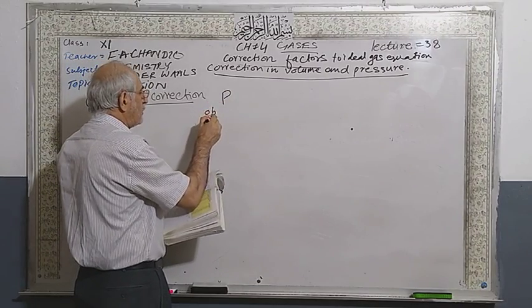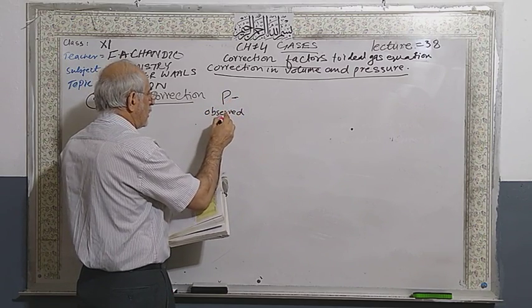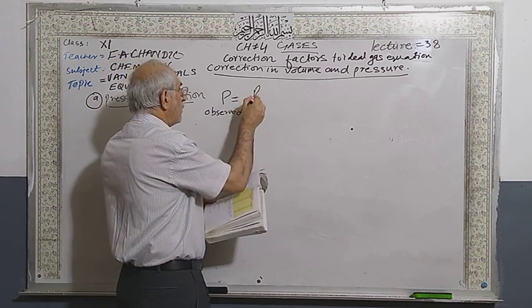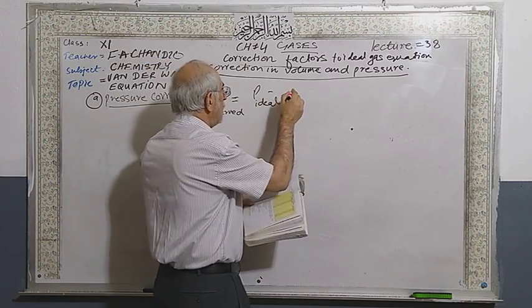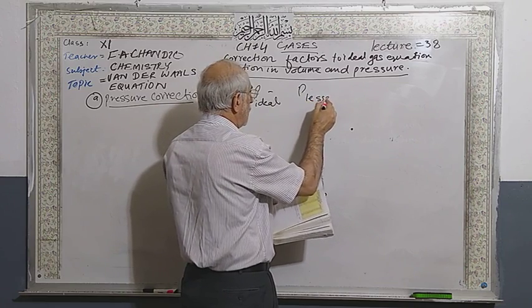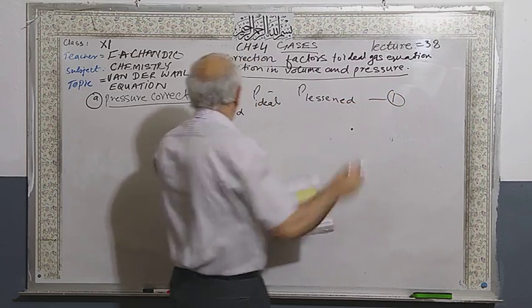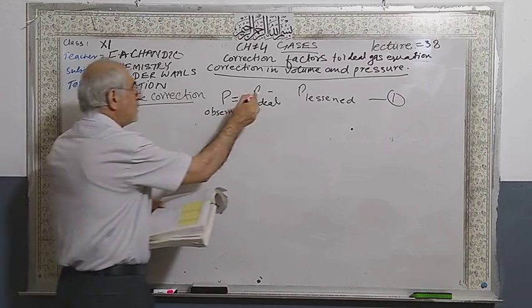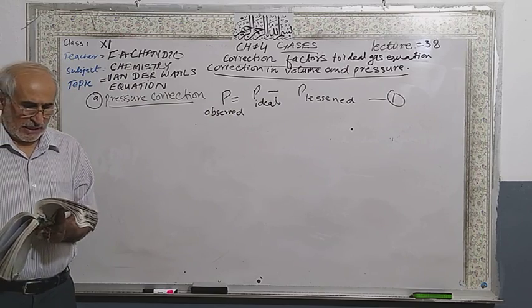pressure observed is equal to pressure ideal minus pressure lessened.